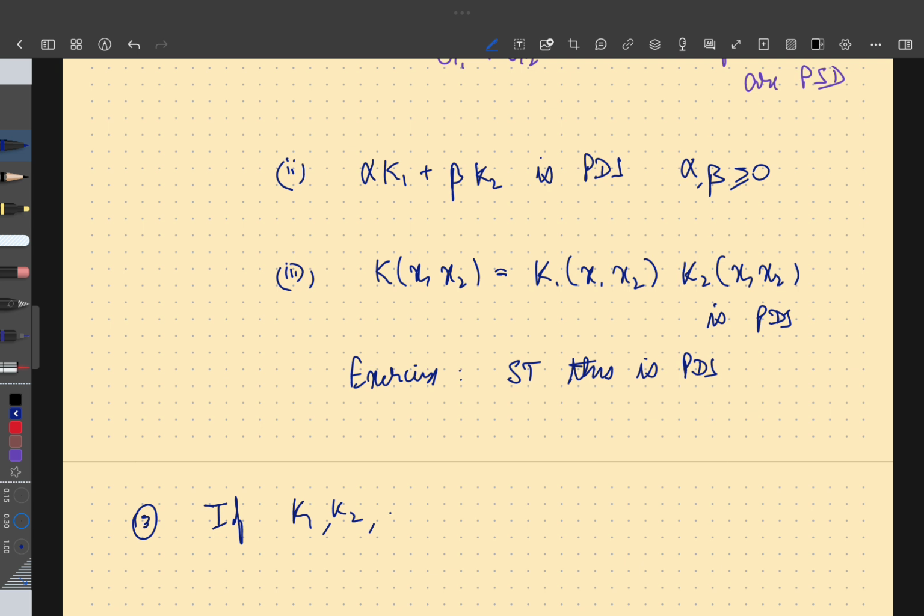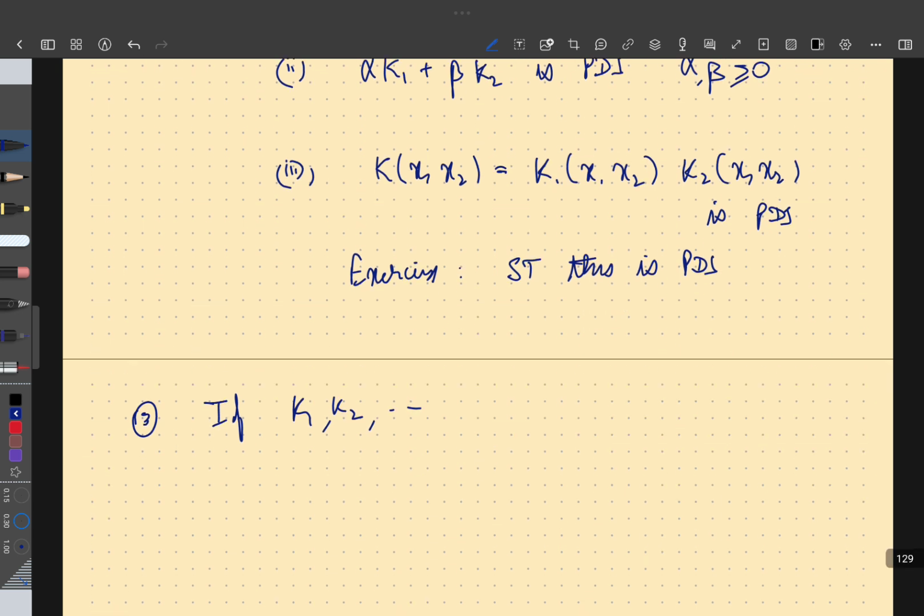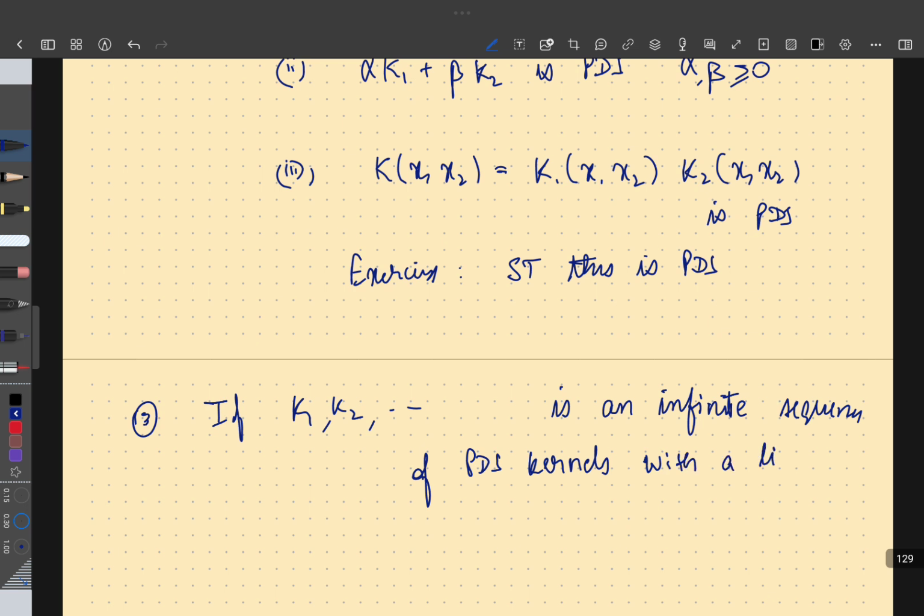The other property is that if you have an infinite sequence of PDS kernels with a limit, note that each k1, k2 and so on are functions.